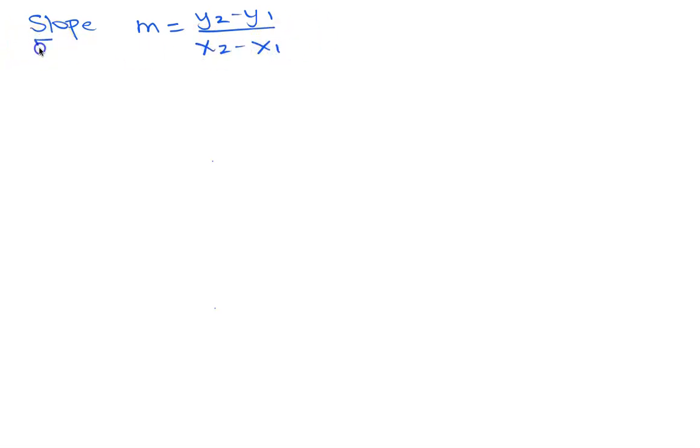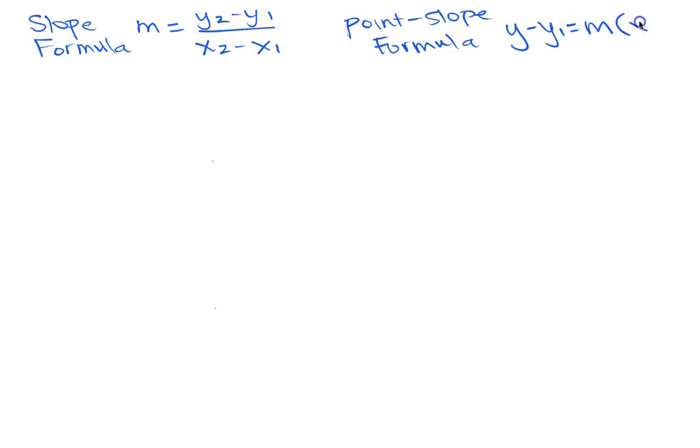And then there's the point slope formula, which helps us write equations of lines: y minus y1 equals m times x minus x1.